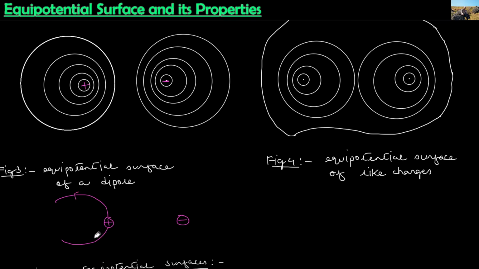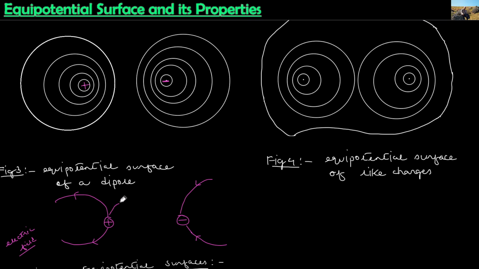Electric lines of force for a positive point charge will be directed radially outwards, and for a negative charge, radially inwards. This is the representation of electric field, or electric lines of force.